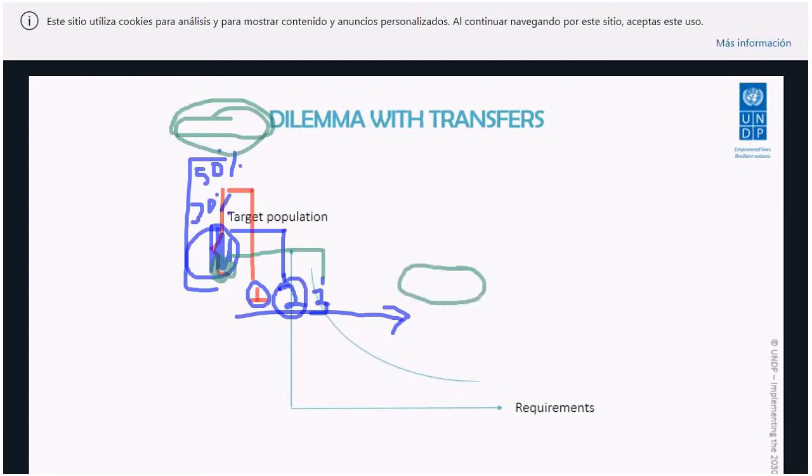And this is important, as I said at the beginning, not only for the policymaker who has to decide what the requirements are to achieve a target population, but also from the perspective of the consultant who is implementing the microsimulation.